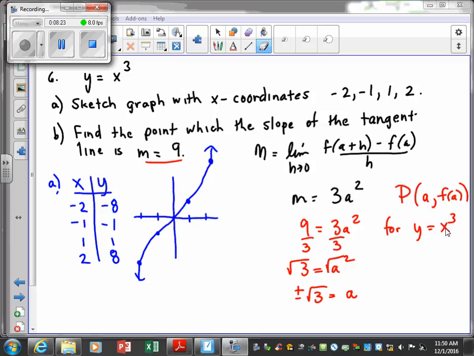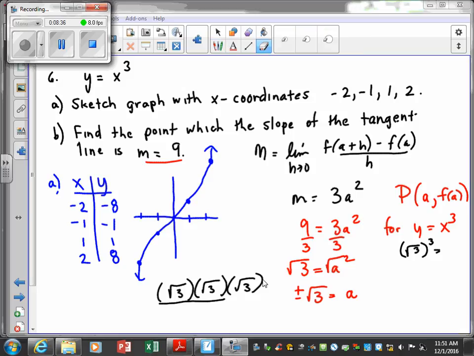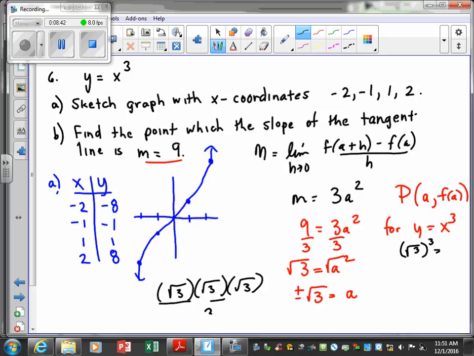So if I put a positive square root of 3 in right there, that would just give me square root of 3 cubed, which is going to be what? Okay, so we look at it. Square root of 3 times the square root of 3 is just 3. And then we have that square root of 3 left. So that's just going to be 3 square root of 3.